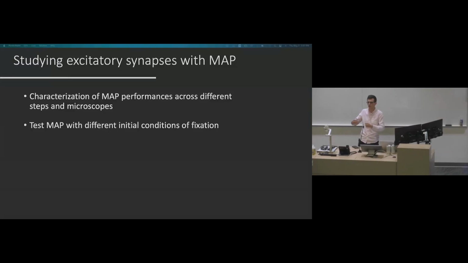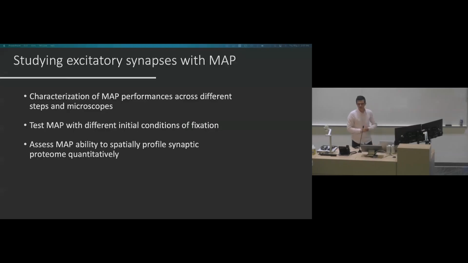We may want to use it for other experiments, or we may also get our tissue from other experiments. So to see if we could combine the MAP procedure with different conditions of fixation. And then to assess the ability of MAP to spatially profile the synaptic proteome quantitatively, because at the end, we want to generate quantitative data to investigate biological questions.